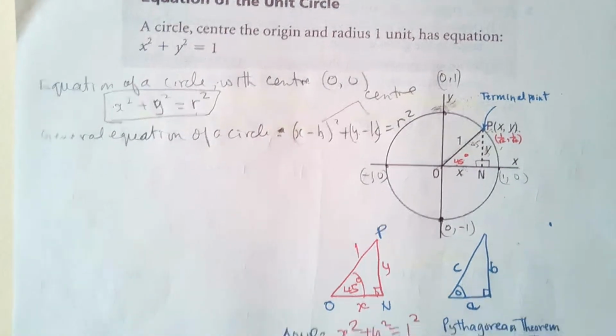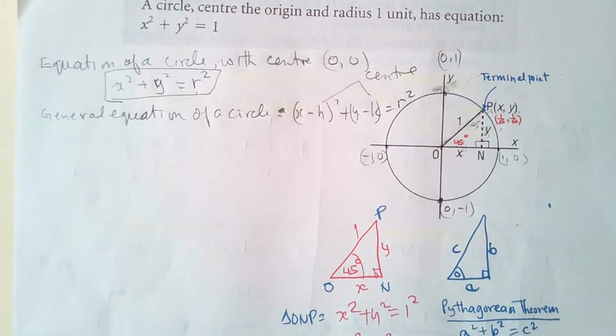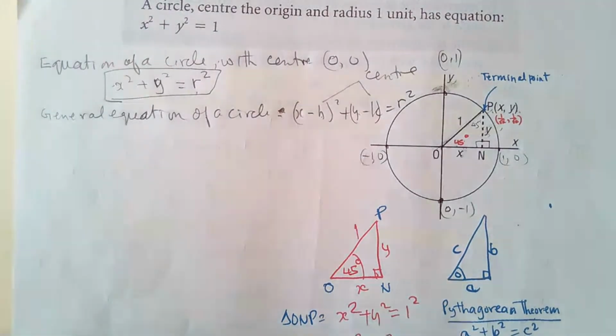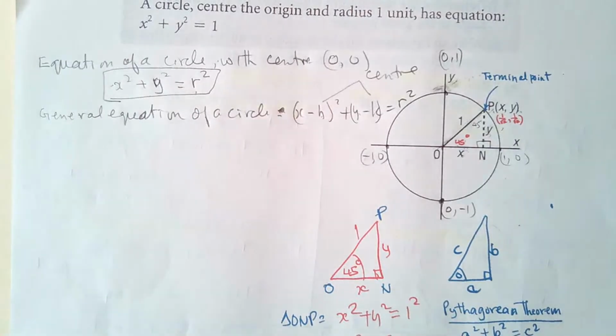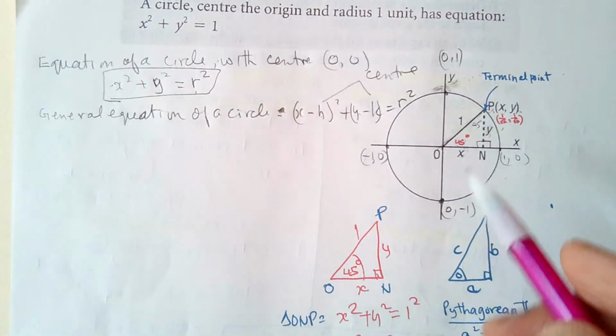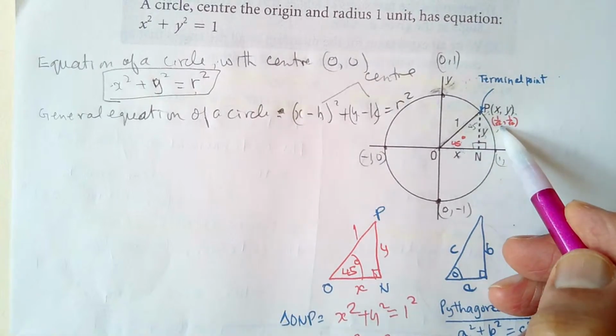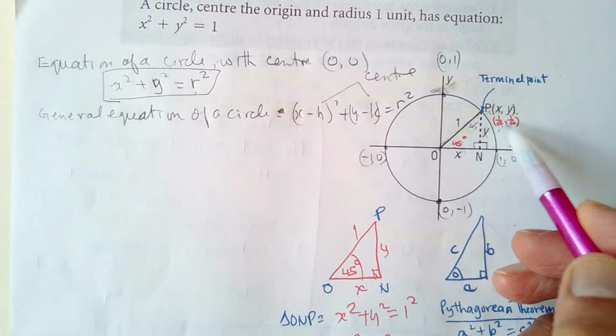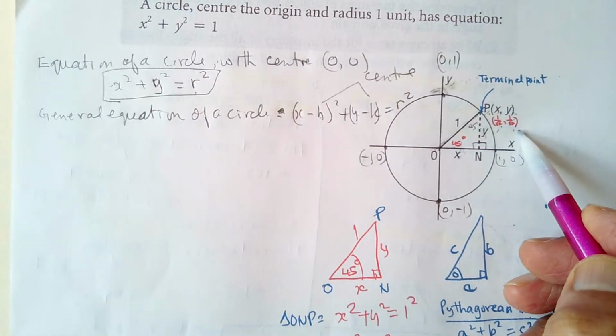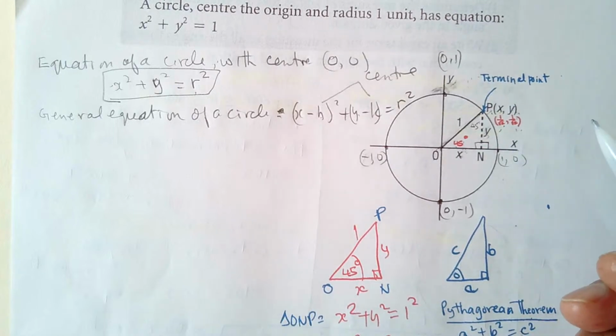Okay, so let's go back. We're going to derive the value of this point here. I put it here as 1 over root 2, but how did I arrive at 1 over root 2?